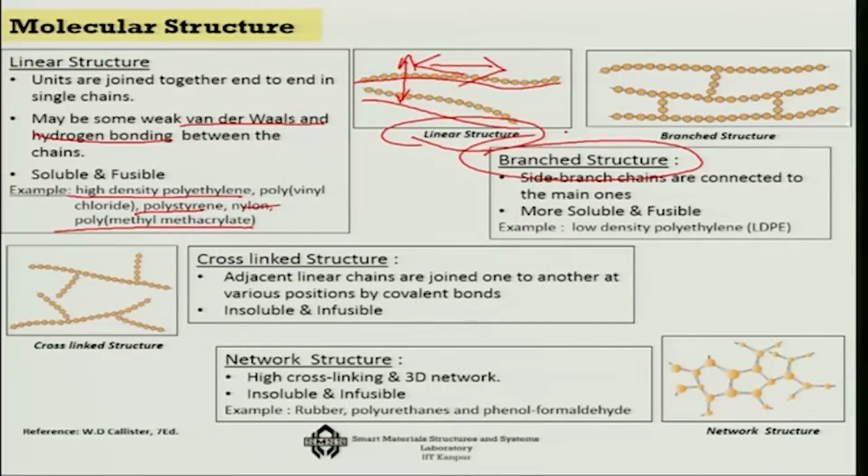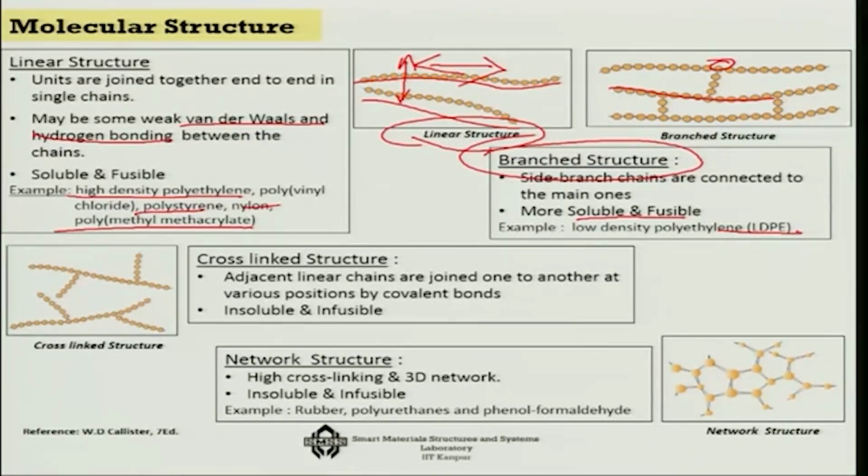That means there are side branches or chains connected to the main ones chemically, okay. But with the other such link, there may be only, once again, hydrogen bonds or van der Waals bonds, etc. So, they are more soluble and fusible, and low density polyethylene is one of them. So, that is linear, but there are some branches with them.